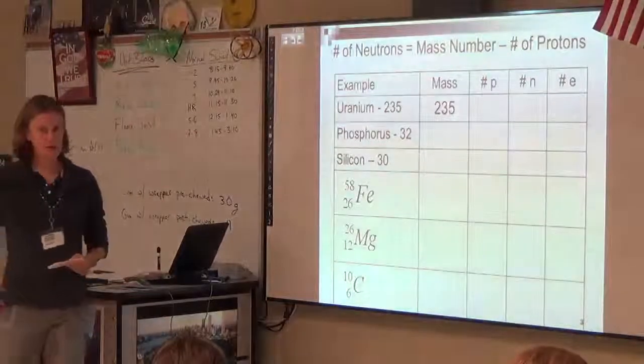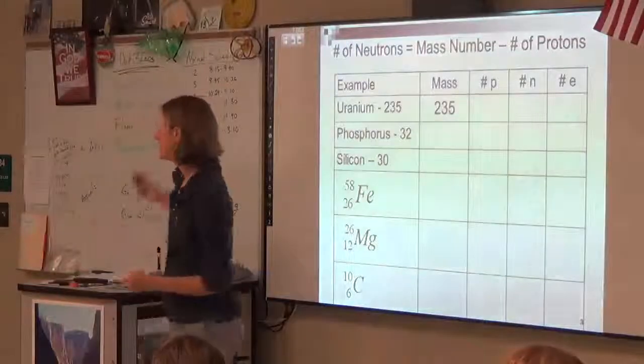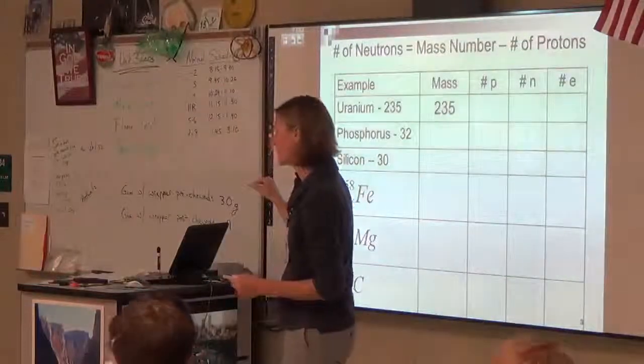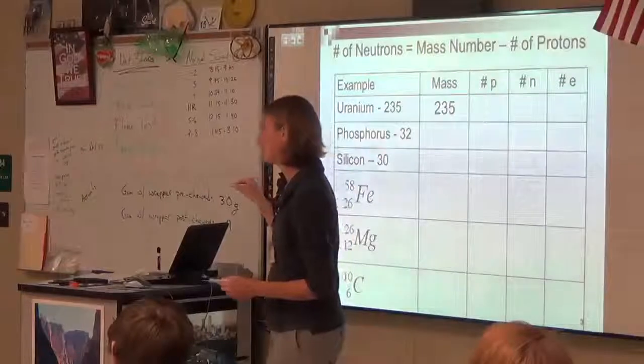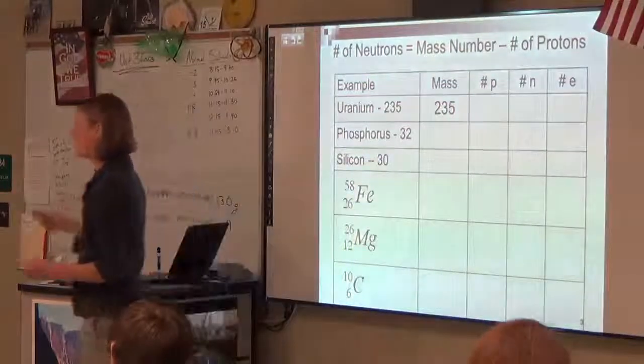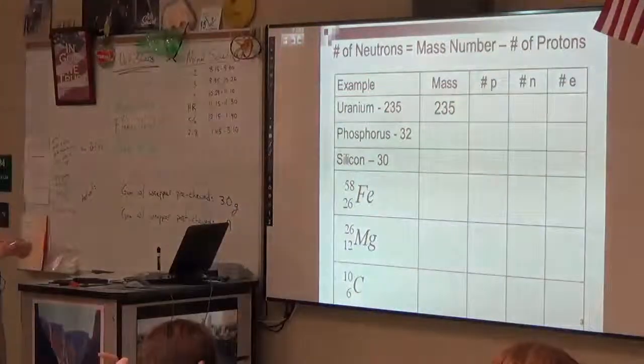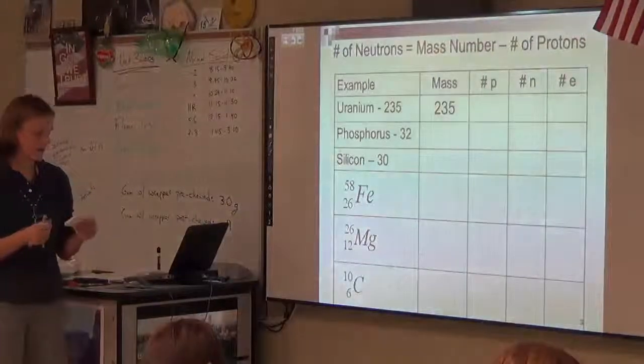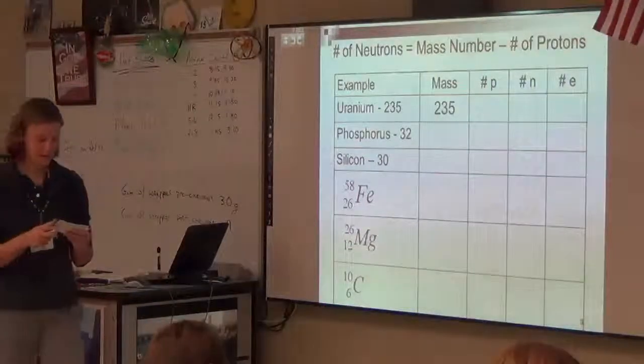Is that usually the mass of uranium? We've got to look. That was one of our bonus questions. It's usually 238. 238 is more common, but 235 is certainly possible, and that is our radioactive version of uranium.